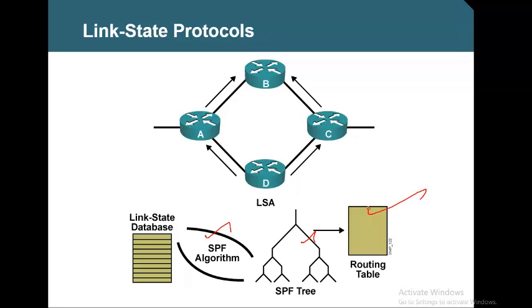Actually, it will recommend it to the routing table, and the routing table will use it if there is no other protocol with a better administrative distance. At the end of the day, it is the routing table that decides whether the route will be there in the routing table or not.